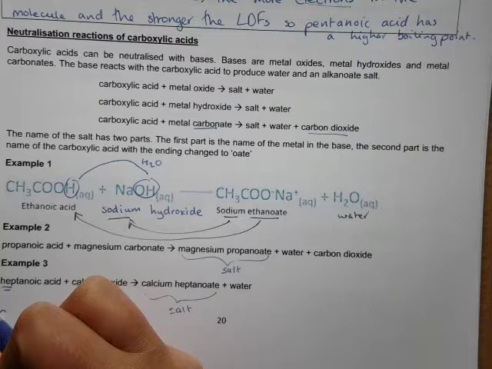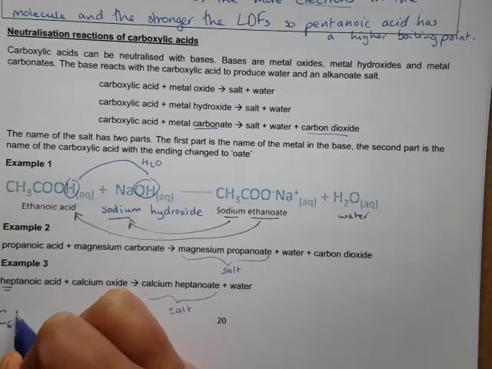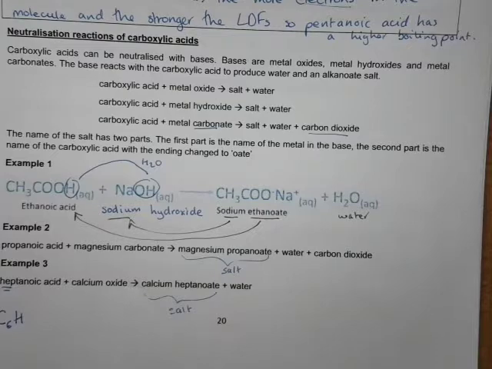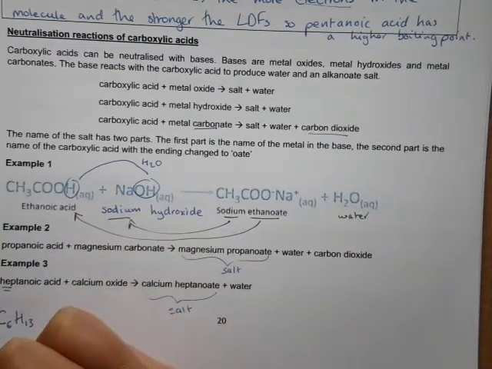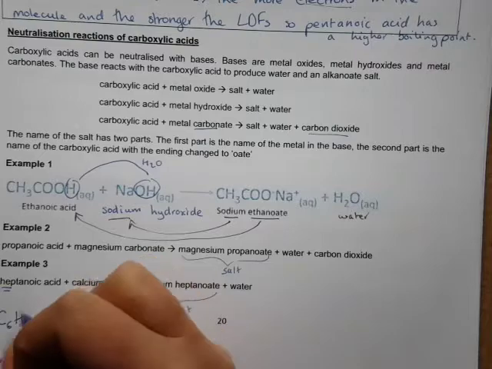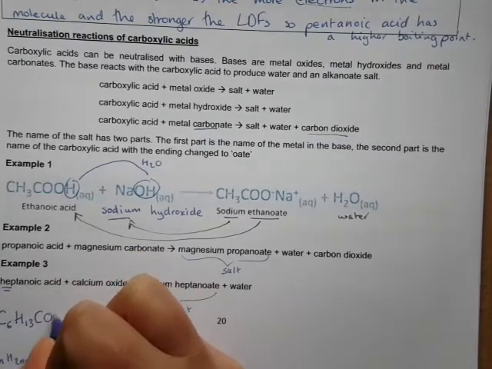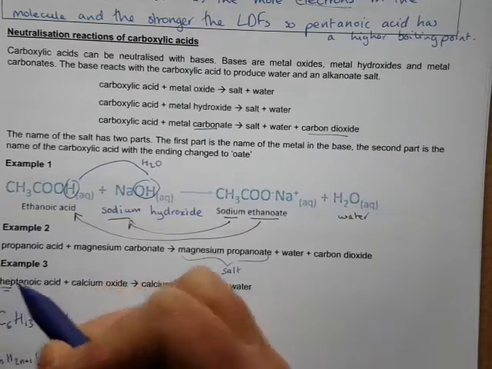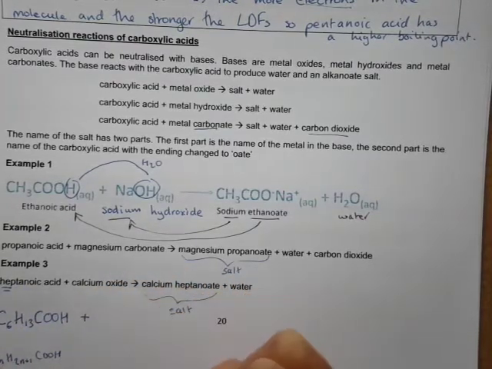In my little version of the shortened structural formula, I'm going to say C6H13, because remember the general formula is CnH2n+1COOH. So for heptanoic acid, it would be C6H13COOH to give us the 7 carbons altogether, plus calcium oxide.